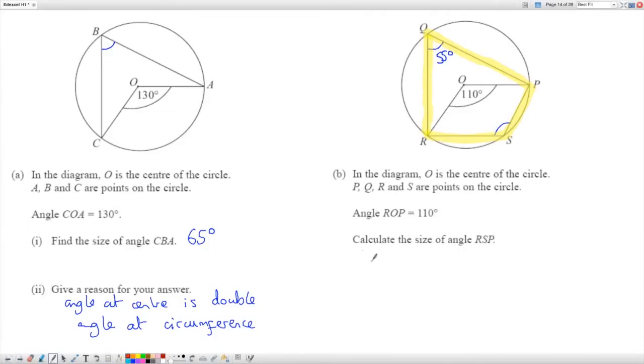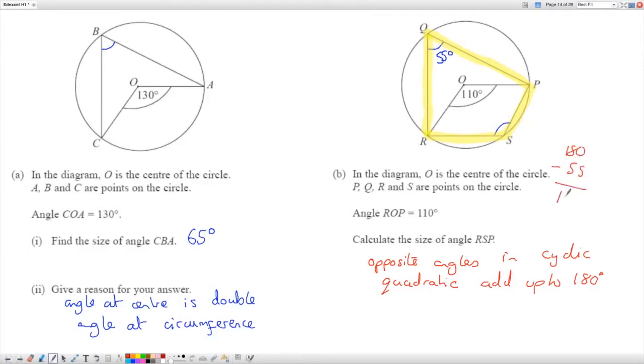And the rule states that opposite angles in a cyclic quadrilateral, a quadrilateral inside a circle, add up to 180. So to find our missing angle here, we are simply taking 180 subtract 55, 125. So our missing angle for RSP is 125.